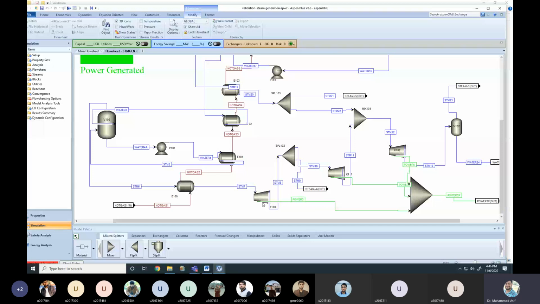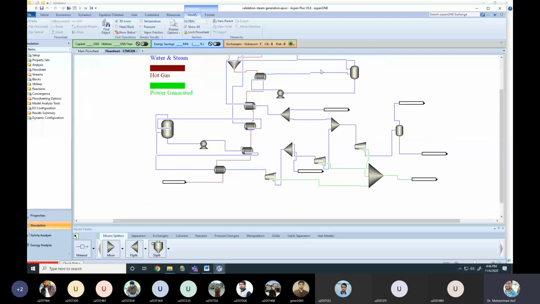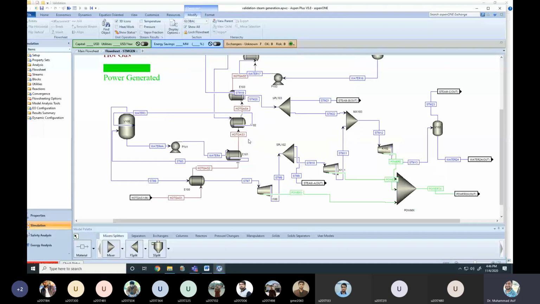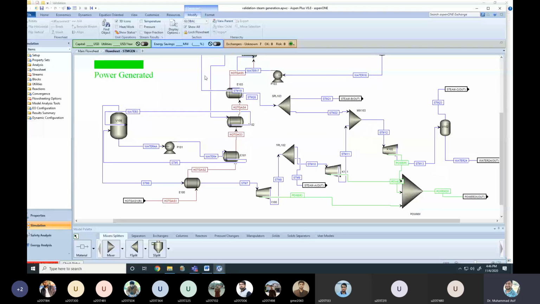So HP, IP and LP. LP means low pressure, IP means intermediate pressure. This is how the HRSG is designed. I'm not going into detail of this. I'm just showing you the capability of this software, that it has completely designed a complete cogeneration plant that includes the gas turbine as well as the steam power plant, right?